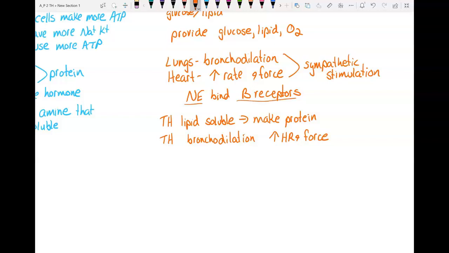Which is a protein? Receptors on cells are proteins. Think back to chapter 4. You learned about the cell membrane and that the cell membrane is made of phospholipids, but it has proteins embedded in it. Some of those proteins are receptors.